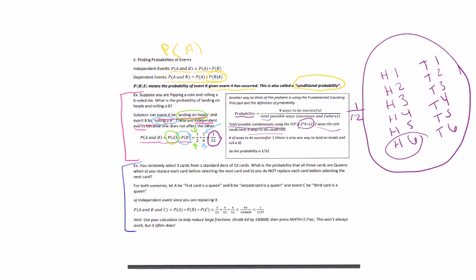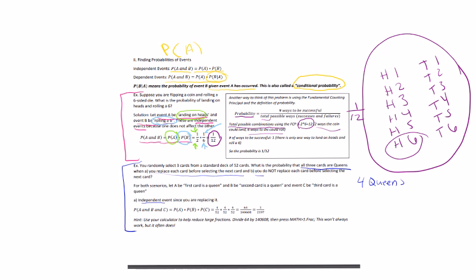So definitely want to be familiar with those because you're going to see a lot of problems involving a standard deck of 52 cards. So with this deck, what is the probability that all 3 cards are queens? Now, know that 4 queens are in each deck. So if we look at A, when we replace each card before selecting the next card, that's going to be independent.